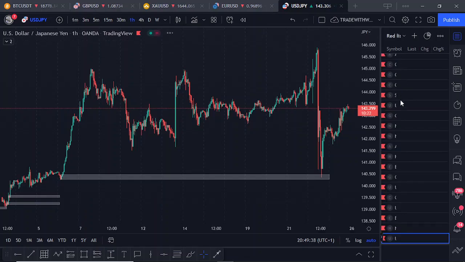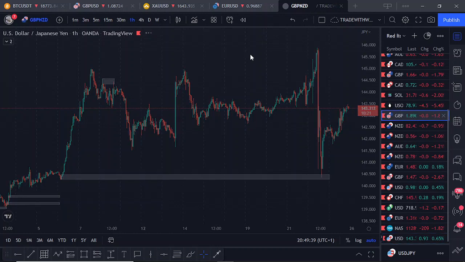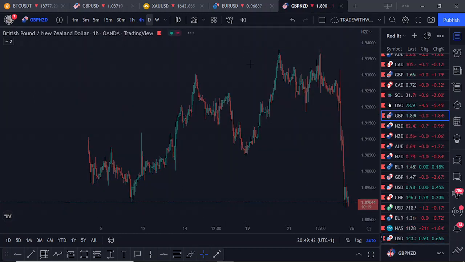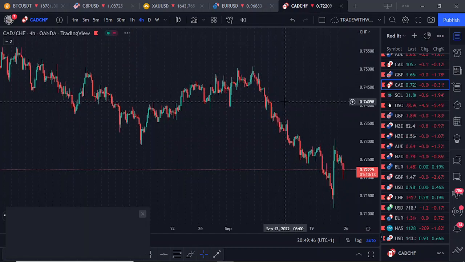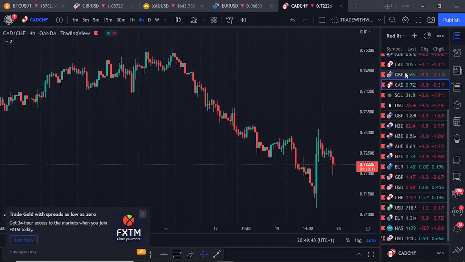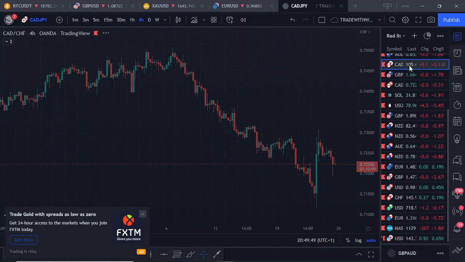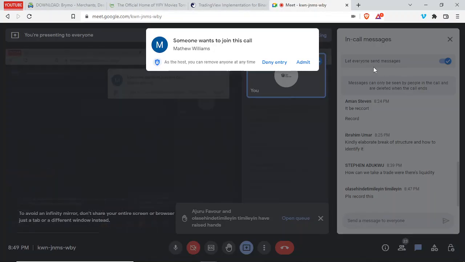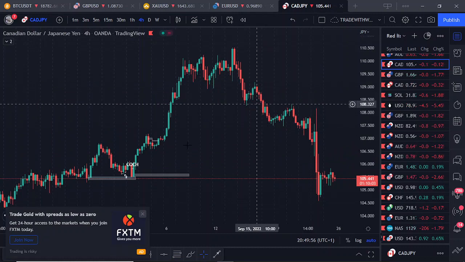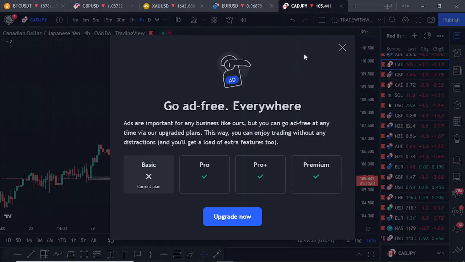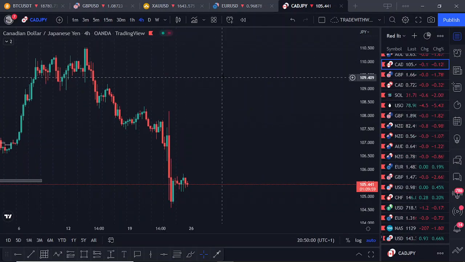Okay, let's look for a random pair over here. Okay, this one is still bearish. Let's say this is bearish, right? So what am I trying to say now? This pair is not giving me what I want to see.